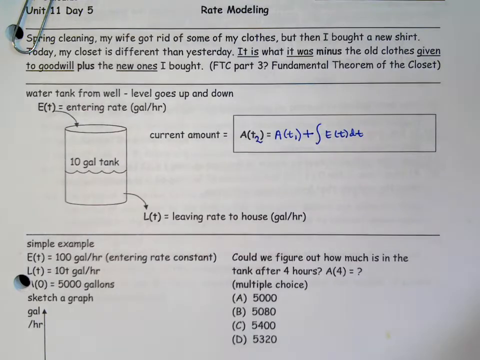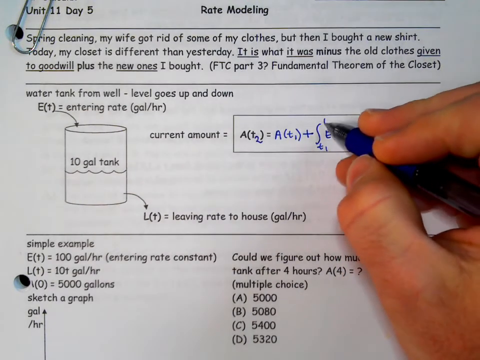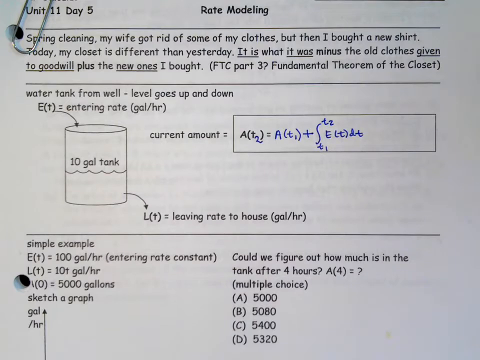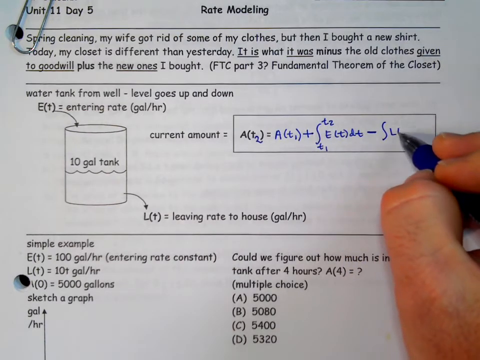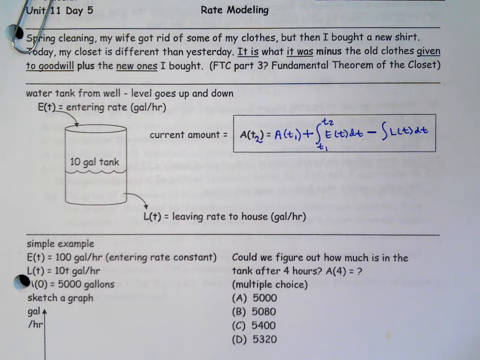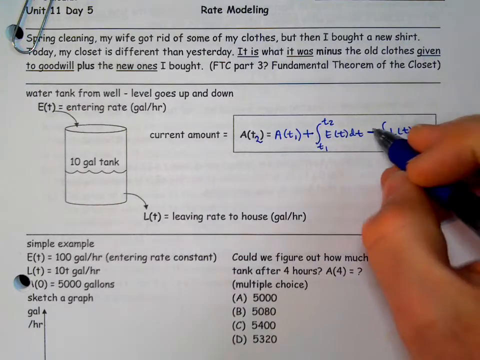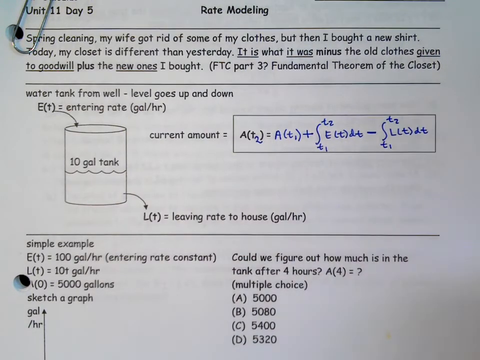I'll often use maybe a capital E for entering, but we want to accumulate all the water that entered from time 1 to time 2. So if you integrate a derivative, it gives you the total change in the amount of the thing it was measuring that was changing. But then we also have to subtract the leaving rate. Leaving rate will often not have a negative associated with it, so you're going to have to put the negative there. So we want to integrate the leaving rate to figure out how much water was lost.